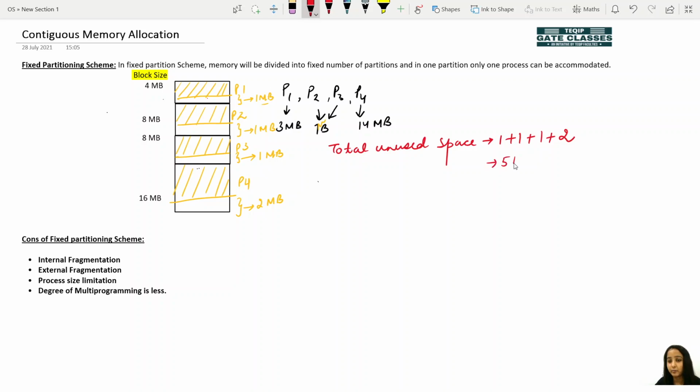So a total of 5 MB space is left. Suppose there is a scenario where after P4, P5 of size 5 MB comes. We know that 5 MB space is left.